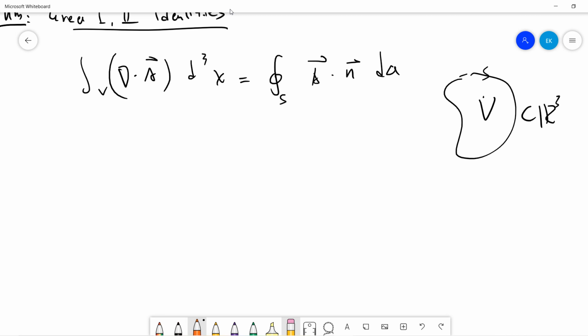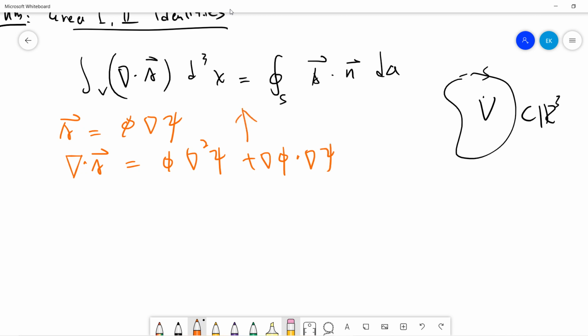The first one: if I replace A with phi grad psi, then I also know that the divergence of A will be grad phi dot grad psi plus phi Laplace psi, which is just the chain rule.